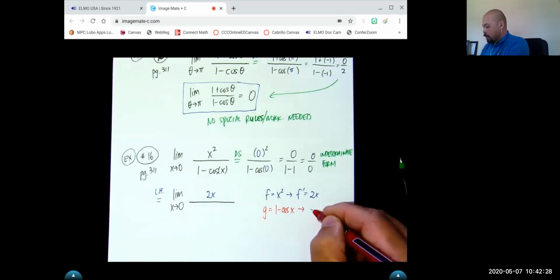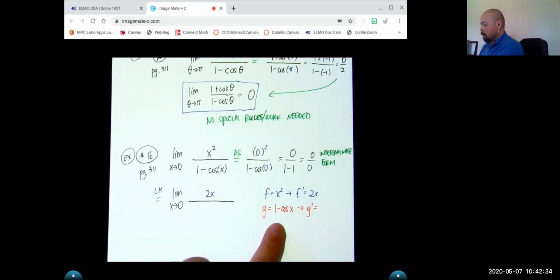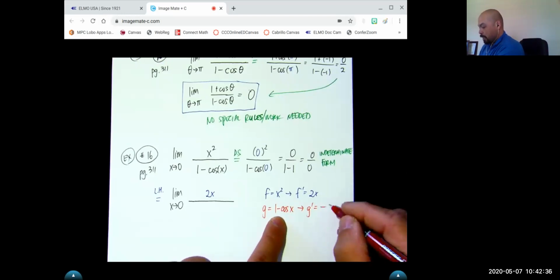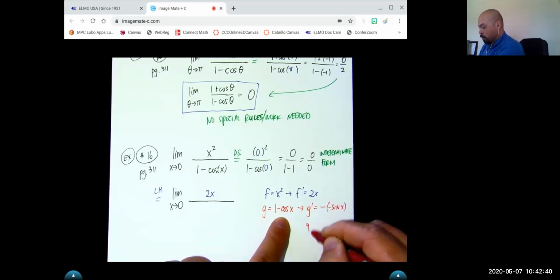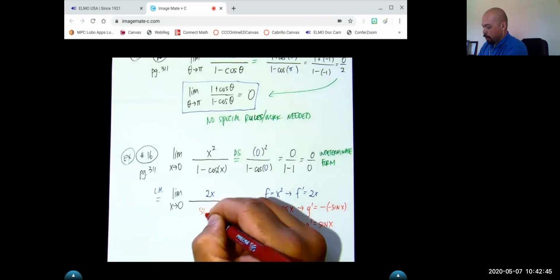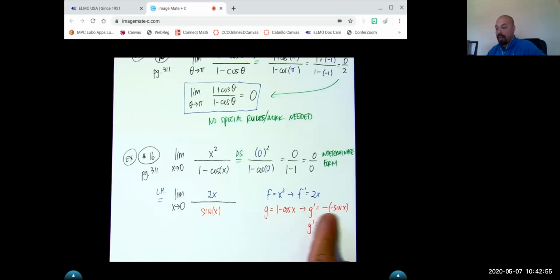So that means its derivative, derivative of 1, that constant, 0 goes away, right? Negative stays, but then the derivative of cosine is negative sine, just reinforcing why we get a positive sine of x in this denominator. The derivative of the cosine is negative sine, the minus is already hanging out, negative, negative, positive, okay?